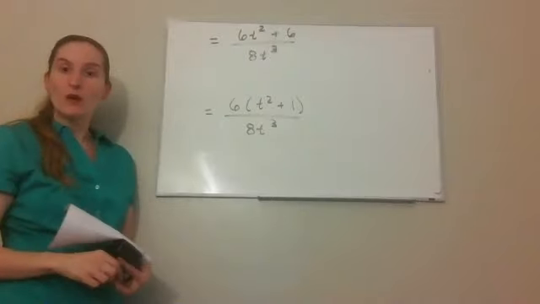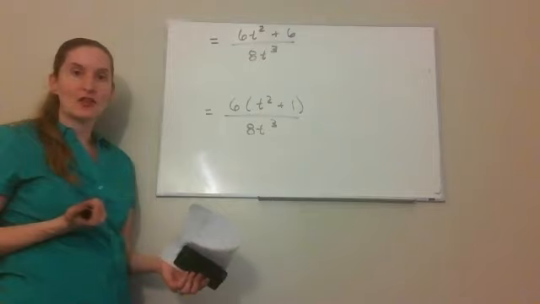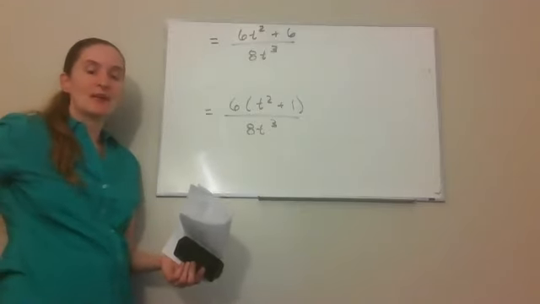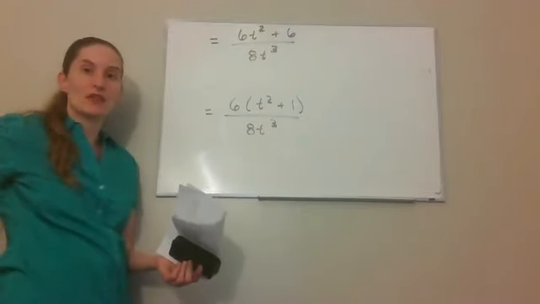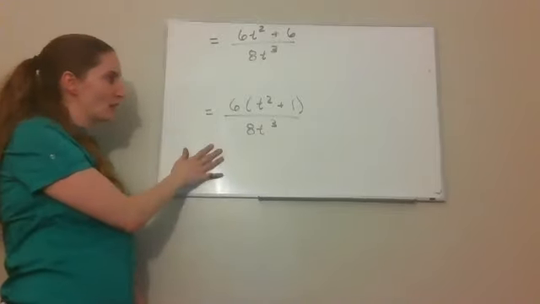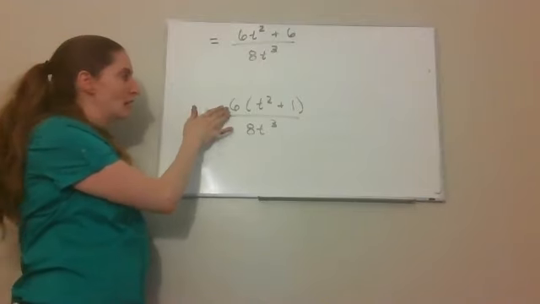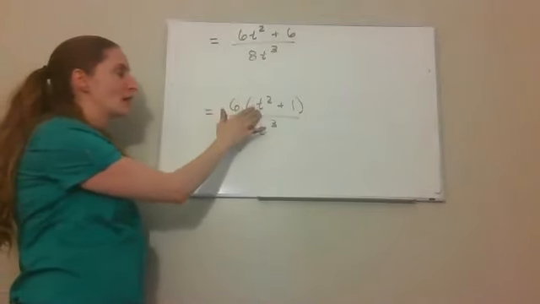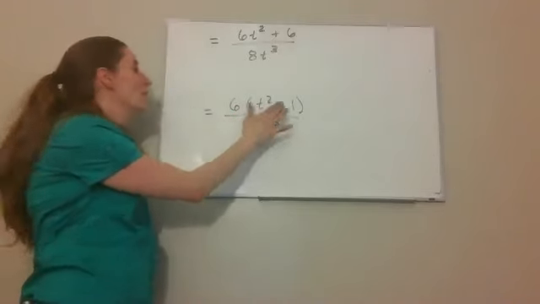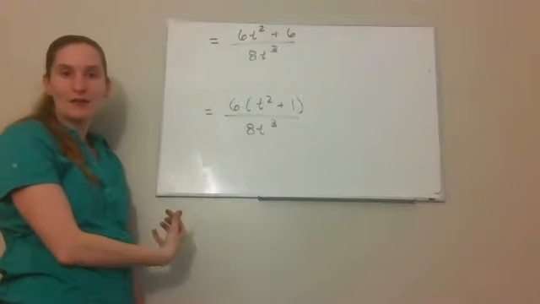Remember back from Calc 1, your graph is going to be concave up when the second derivative is positive, and it's going to be concave down when your second derivative is negative. So first, look at this second derivative. My numerator is always going to be positive. 6 is positive, t squared is at least not negative, and when I add 1 to it, it's going to be positive. So the numerator is always positive.